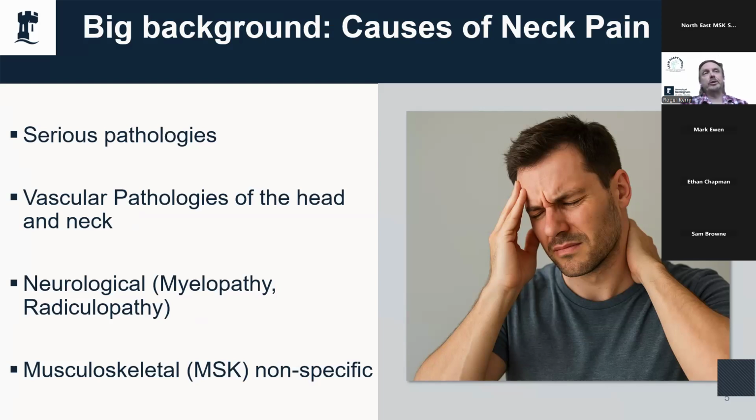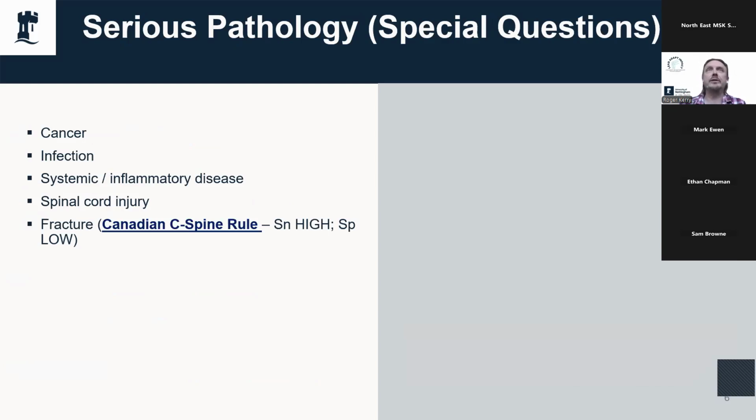I'm grouping them like this: the MSK stuff at the bottom, then serious pathologies that are non-neurovascular, i.e. cancers, infections and so on, then vascular pathologies of the head and neck, and neurological pathologies. That categorization makes sense in terms of both their prevalence and their presentation. I'm going to talk interchangeably about neck pain, head and neck pain, and neck and arm pain, and try to include that whole picture. It's quite ambitious because we're covering a lot of ground in a short space of time, but hang in there. Make notes and ask some questions after.